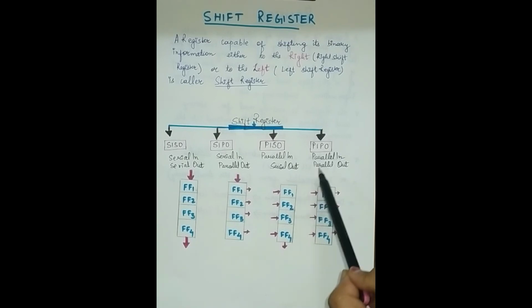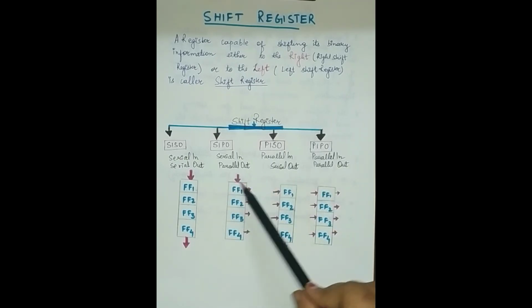Next is parallel in, parallel out. In parallel in, parallel out, we enter the data simultaneously and we also extract the data simultaneously. So these are the different ways in which we can enter the data to the shift register and extract the data from the shift register.